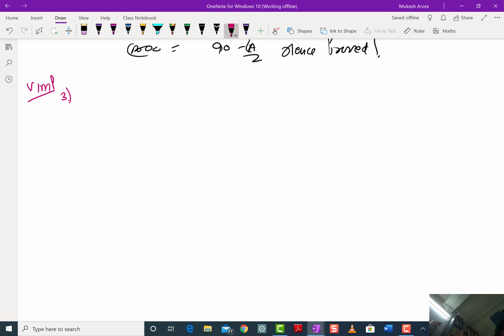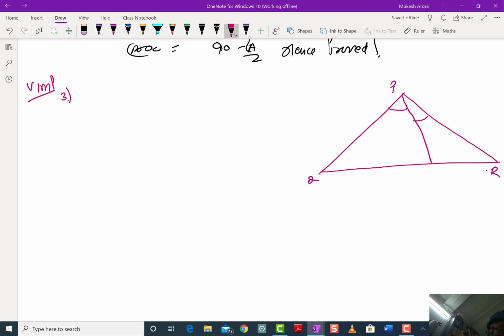In triangle PQR, PS is the bisector of angle QPR, and PT is perpendicular to QR.